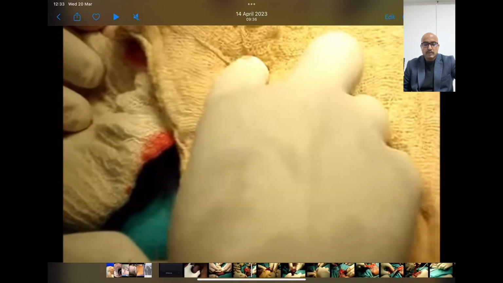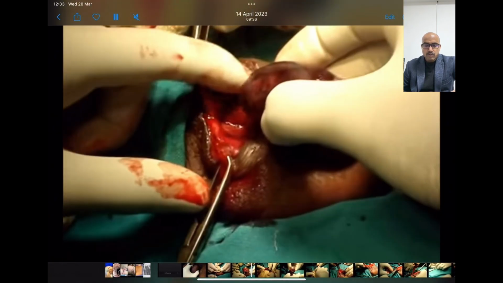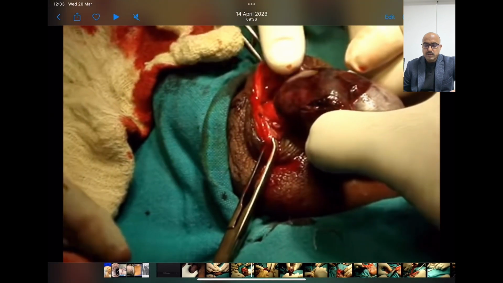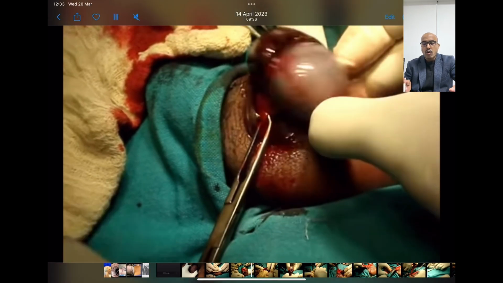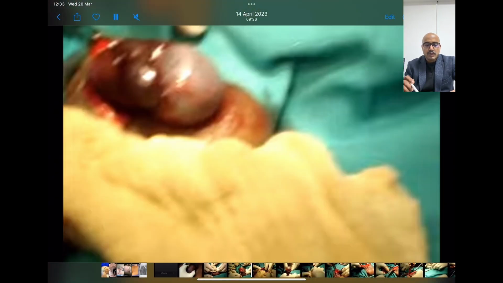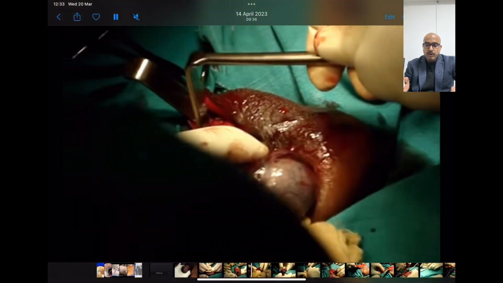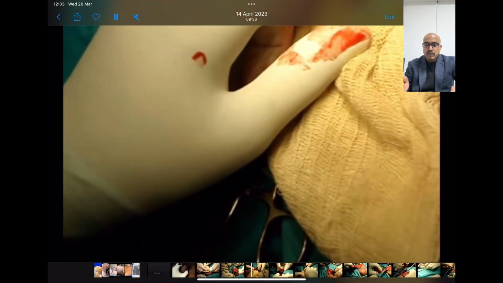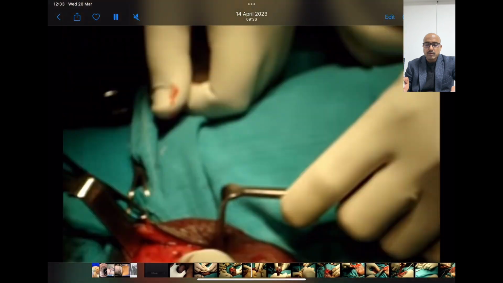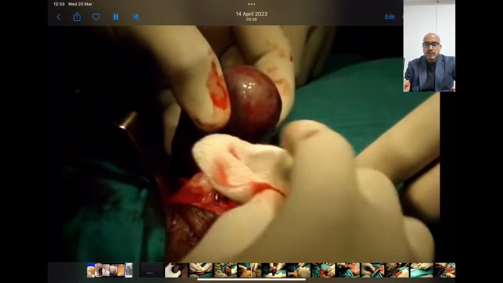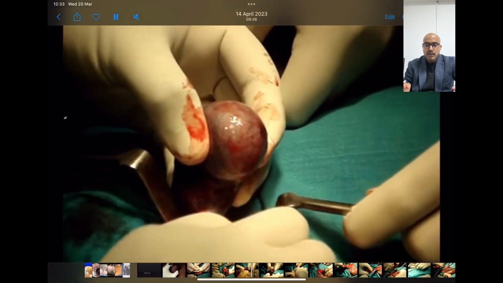So you can see here, wait, yeah, see the color of the epididymis is already bluish blackish, and the texture is also not normal. Normal is pinkish. I'll show the other side as well. So now it is almost necrotic, so we have to dissect the spermatic cord, make the structure free, untwist it, and again confirm it.